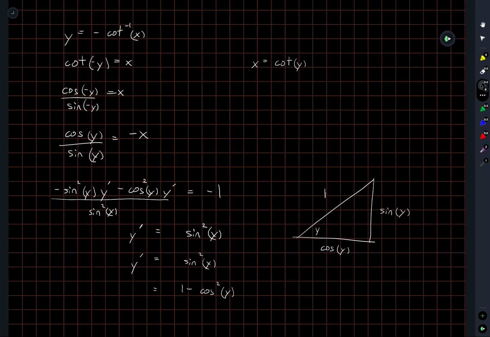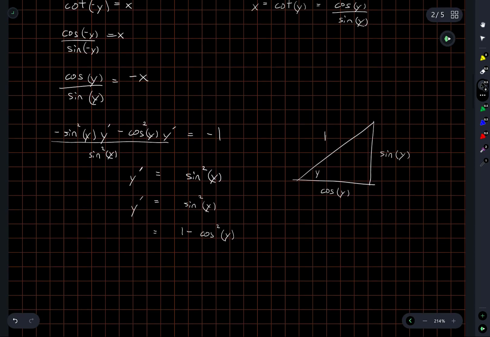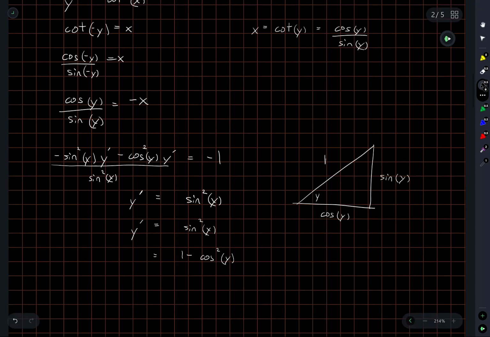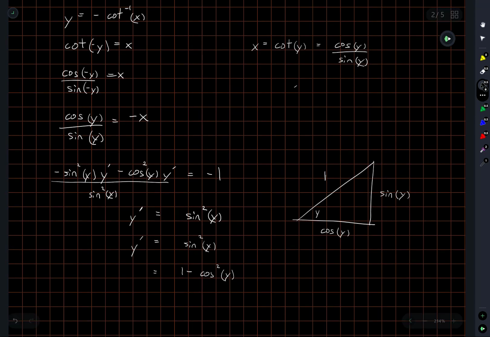x is cotangent of y, which is cos y divided by sine y. I want to write sine squared of y in terms of x. x squared is equal to cos squared y divided by sine squared y.